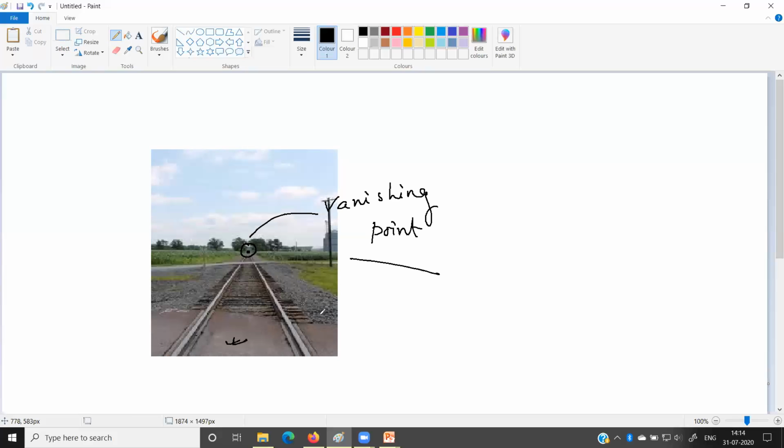So the vanishing point gives us a view or assumption that those two parallel lines will meet at infinity. So that is all about the different types of projection and the projection related terminologies. Okay. So in the next class, I will discuss the oblique projection and how we can project an object with the help of the oblique projection.